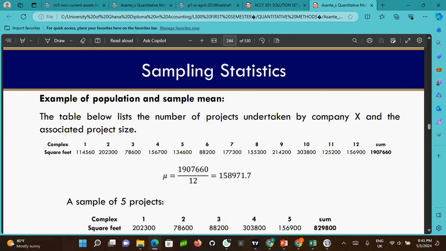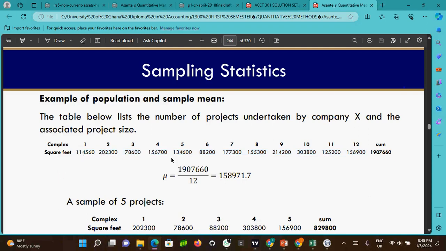So look at this example of a population and a sample mean. If we want to look for the population mean, they added all of this, all the population. The table below is a list of number of projects taken by company X and associated project sizes, in square feet.